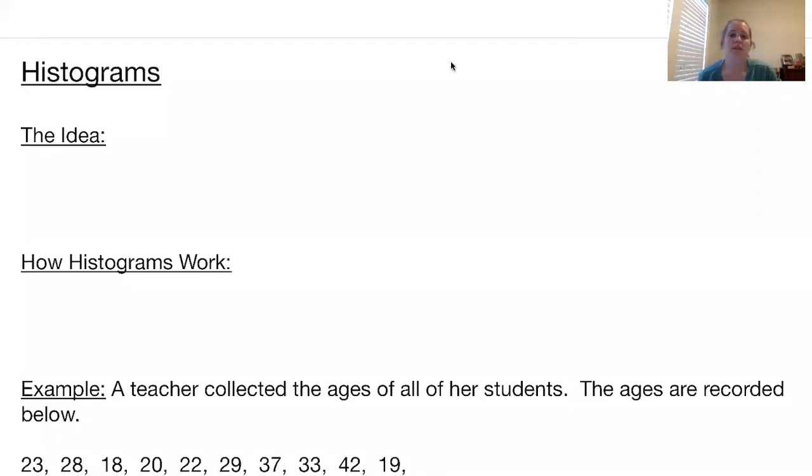Okay, we are now going to take a look at histograms. So again, the general idea for a histogram is to provide a visual summary of quantitative data.